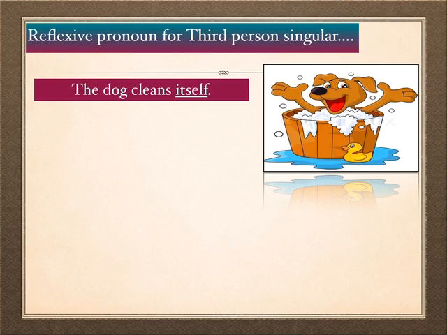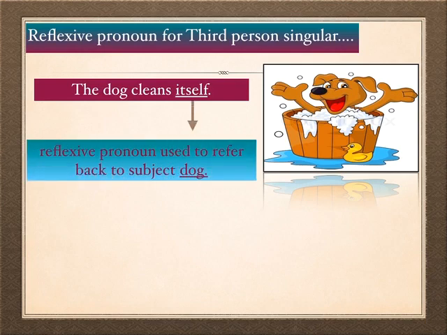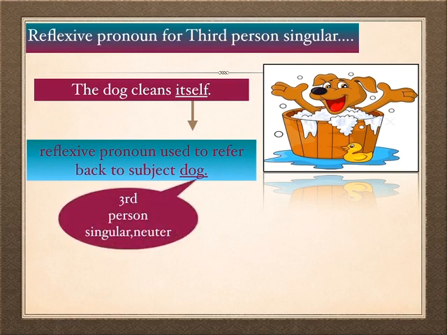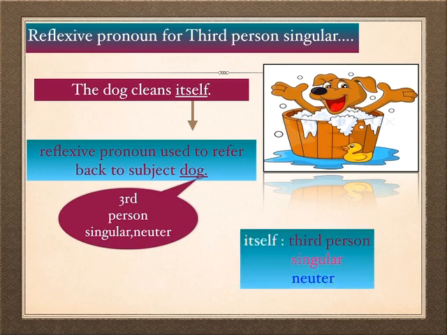So the subject and the object are the same. So itself is the reflexive pronoun used to refer back to the subject dog, and dog is considered to be third person singular neuter gender. So itself is the reflexive pronoun used for third person singular neuter gender.